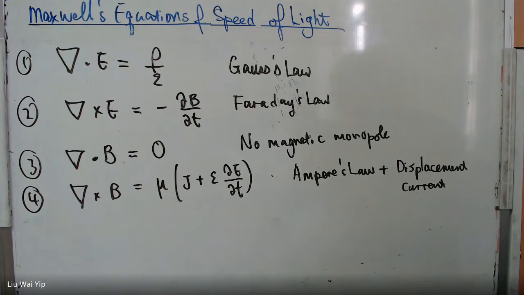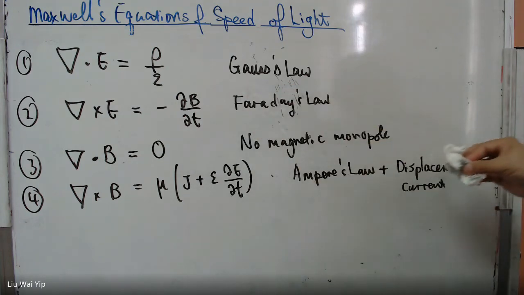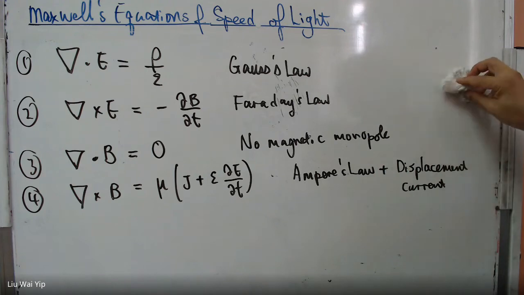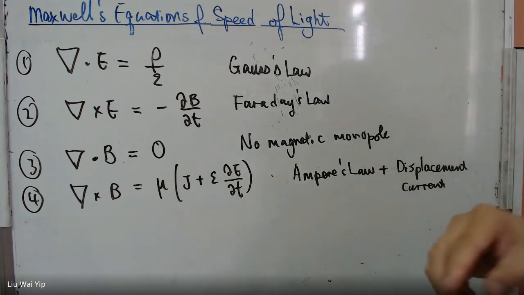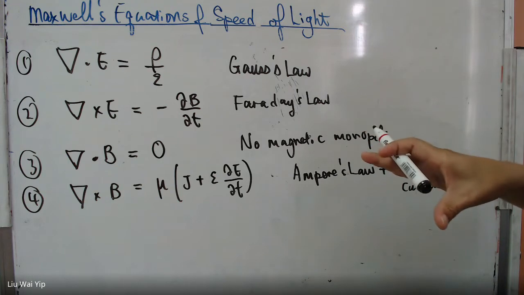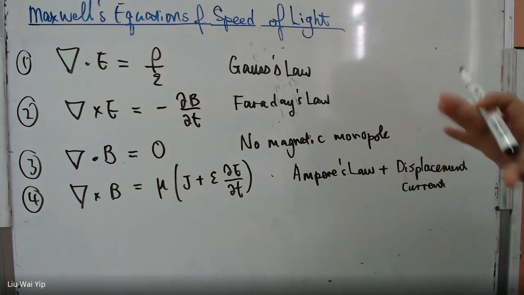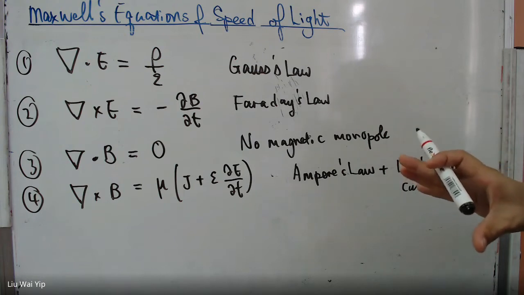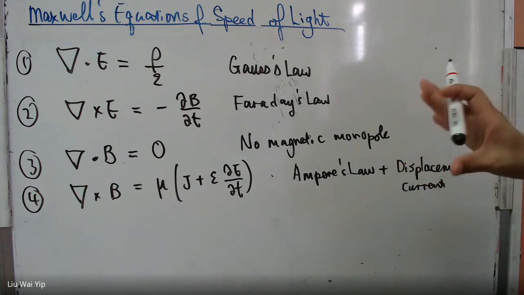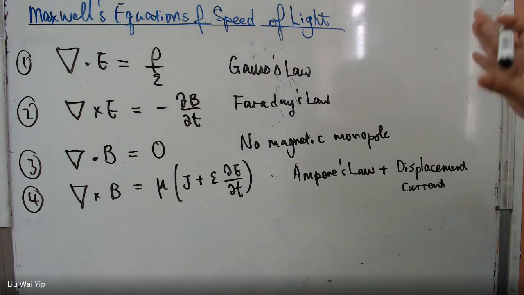Now we are going to use these four equations to derive the speed of light. And before going forward, let's assume that the space that we are dealing with is totally neutral. Neutral in the sense that there shouldn't be any net charges, no plus charge or minus charge.